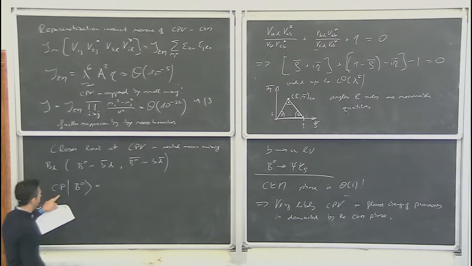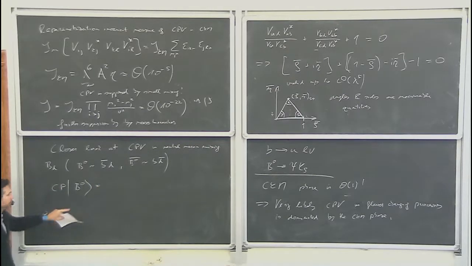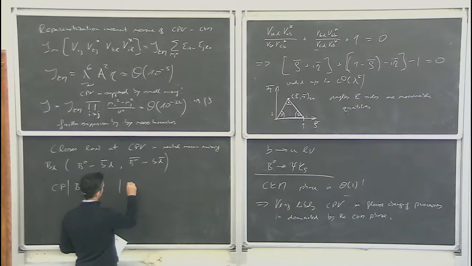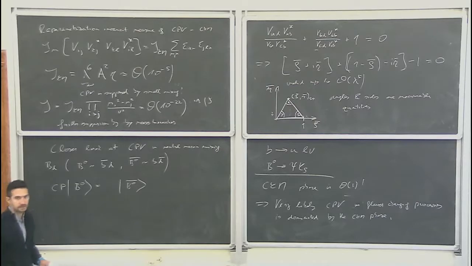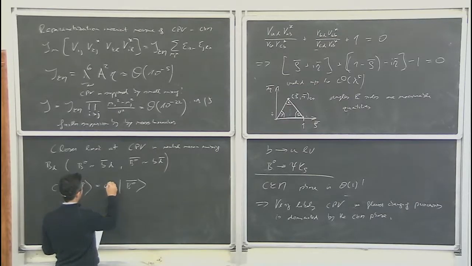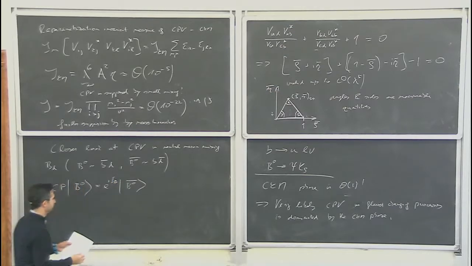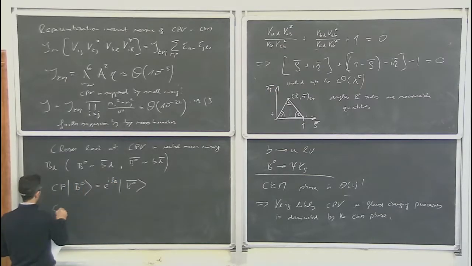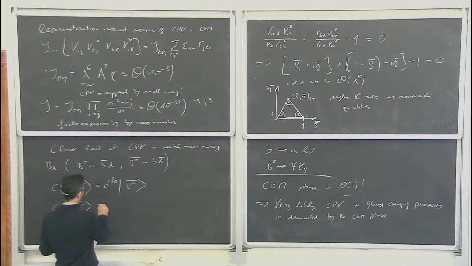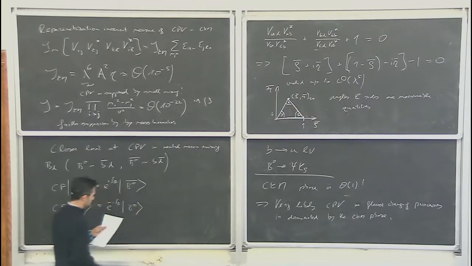So a CP transformation on B0 will in general give B0 bar, but of course up to a phase. So let's denote this phase as e to the i psi_B. And then similarly, a CP transformation on the B0 bar state will give e to the minus i psi_B times the B0 state.